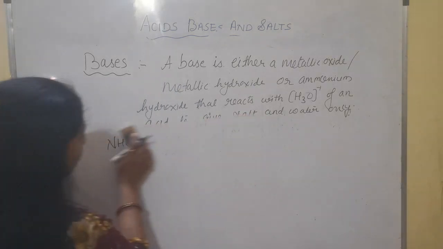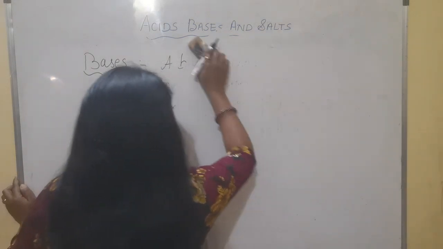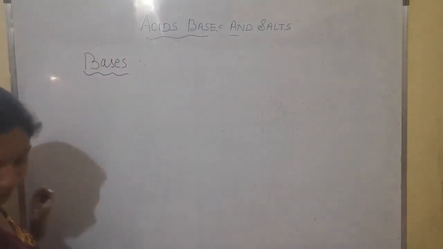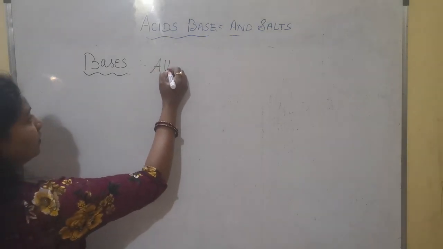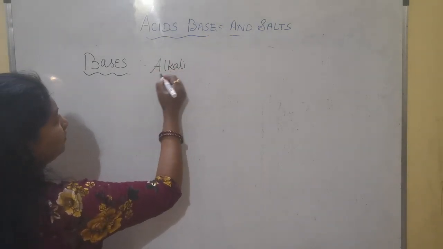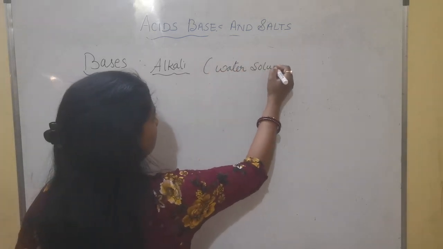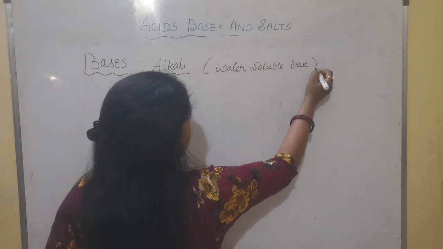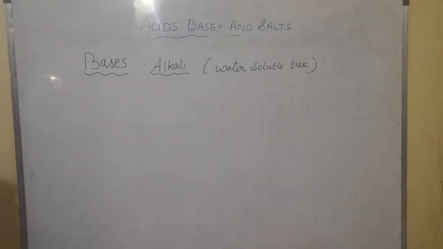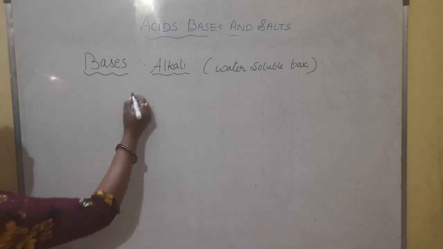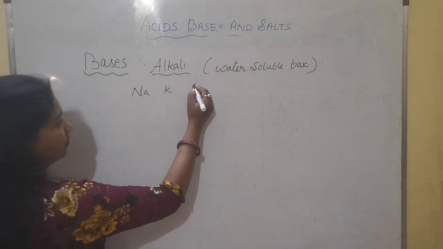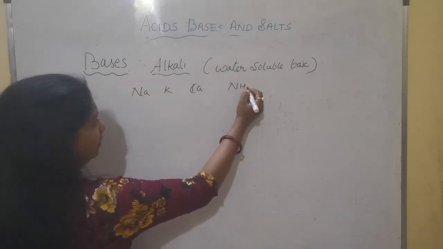Now when we are talking about bases, one thing to be discussed is alkali. It's a very important term, alkali. So these are all water soluble bases. All the metal oxides and hydroxides are insoluble except for sodium, potassium, calcium and ammonium.